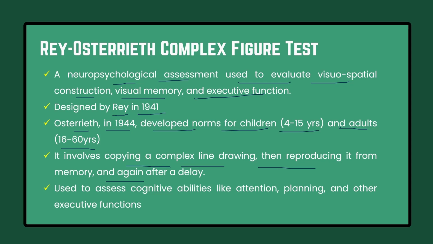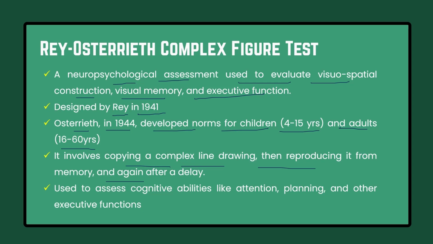Okay, so it tests the visuospatial construction by checking if you are able to draw the complex line drawing shown to you in the card, and then visual memory, if you can draw it without looking at the card from memory, and executive function of higher order memory and problem solving or thinking skills by asking you to draw it after a delay of some time.